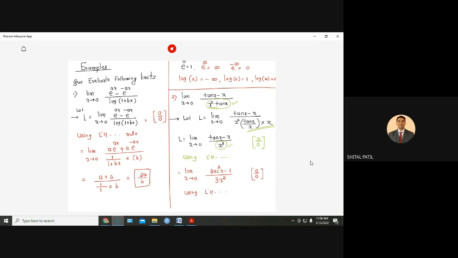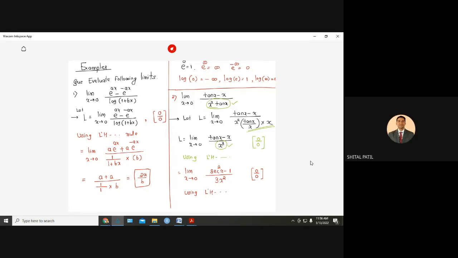Let me solve the remaining part also so that there will be no confusion. 1 by 3. Okay, check. We'll check it. Can I go to the next page? Have you written this? Yes, sir. Okay.